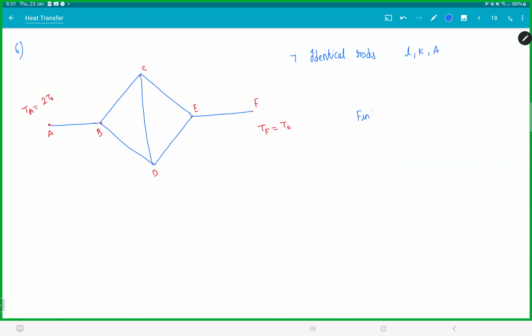Find R equivalent. Find the heat flow, dQ by dt.